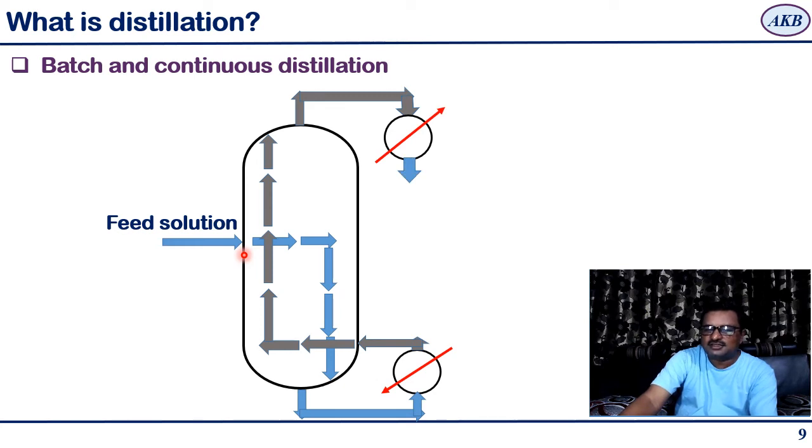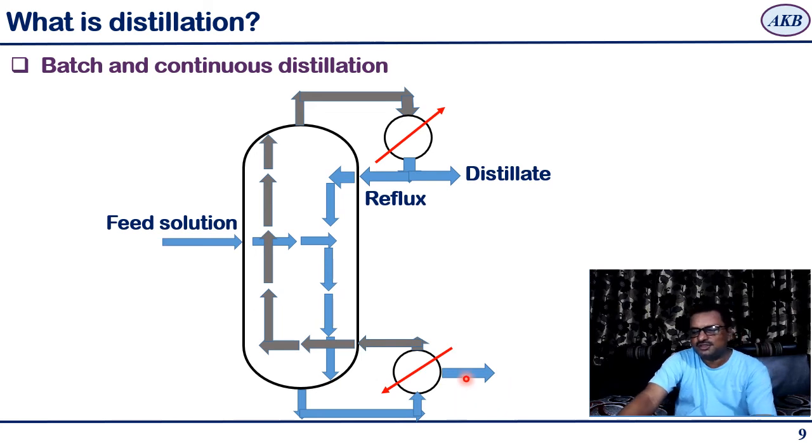The resulting condensate is divided into two fractions. One fraction is taken out of the column as distillate, whereas the other fraction is sent back to the column as reflux. And the bottom product, or the residue, is continuously removed from the reboiler.